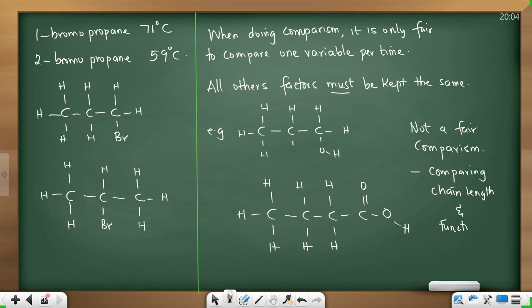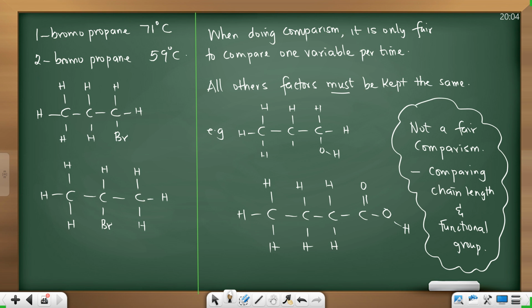That's not fair. Not a fair comparison, because I'm comparing 2 things at the same time. I'm cheating. What is that? Propan-1-ol. If I want to compare propan-1-ol, I should compare it with propanoic acid.